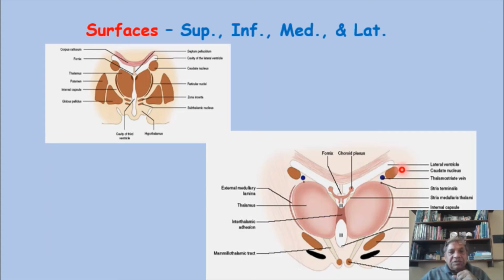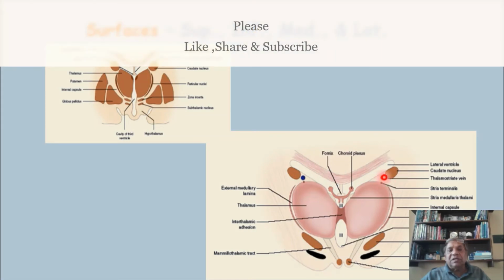Now at the junction of the caudate nucleus and the superior or dorsal surface of the thalamus, two structures are seen. One is the thalamostriate vein, and the other is the stria terminalis, that dot-like structure which you are seeing here. On this side also, the blue color is the thalamostriate vein, and you can enlarge the view in your apparatus if you can.